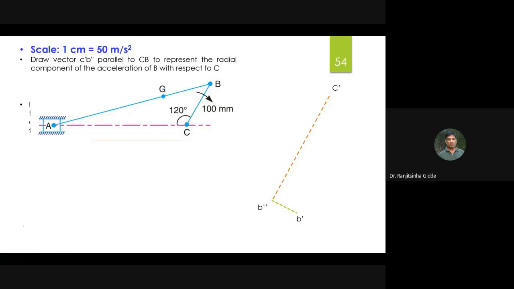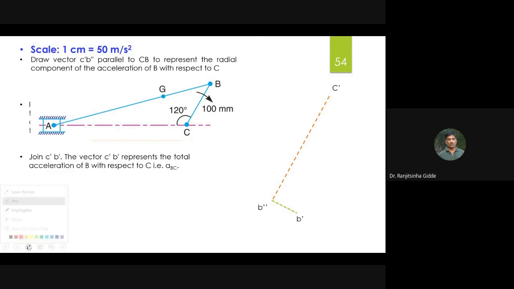Then next you can write: join C prime B prime. This one is the radial component, this one is the tangential component. How to display total acceleration? We need to join this. Write down: join C prime B prime.